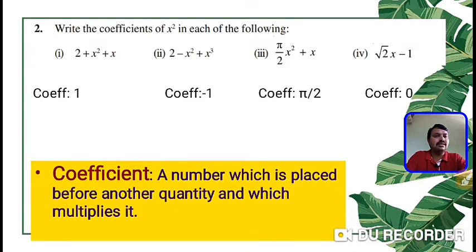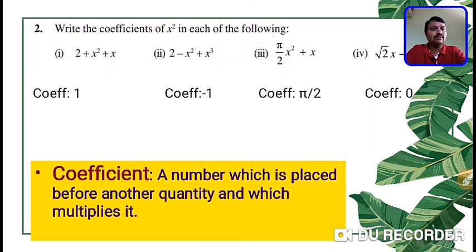That is the reason the coefficient of x square will be 0, because 0 is the number when we will multiply any number with 0, we get 0 itself. So the coefficient of x square is 0 here. Is it clear? Now let us see the next question.